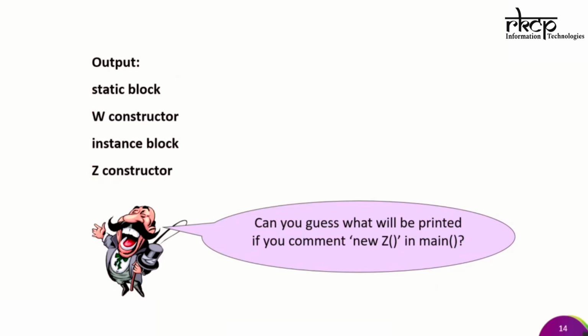One more basic difference: the system will allocate memory for your static initializer. Static initializer memory allocation happens only the first time. If you execute your program 10 times, the static initializer will initialize memory only one time, and the same memory will be used every time.